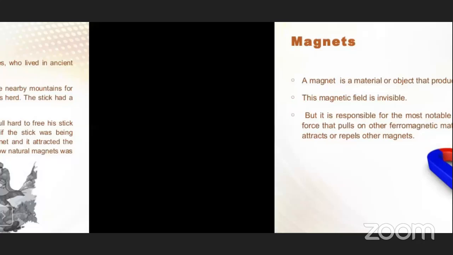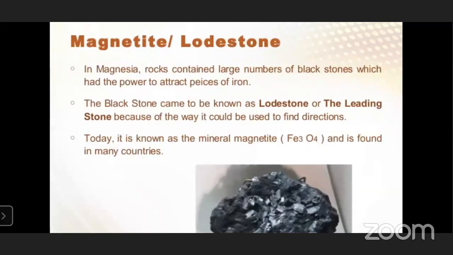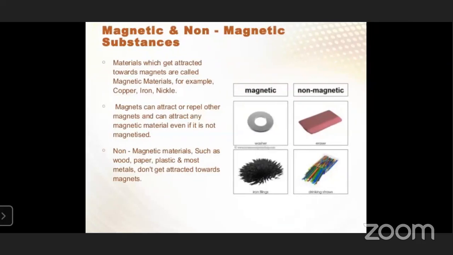At the same time, I explained about separation of iron filings from the soil. I have given this activity as homework. Take a magnet. If you have a bar magnet, you can do it with the bar magnet. In the pandemic situation we can't go out, so whenever a magnet is available to you at home, you can try with that magnet.